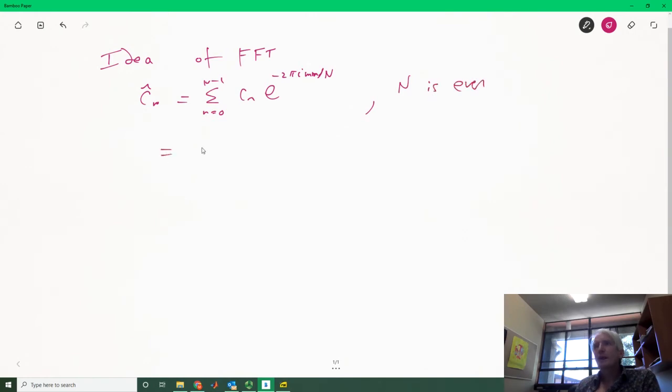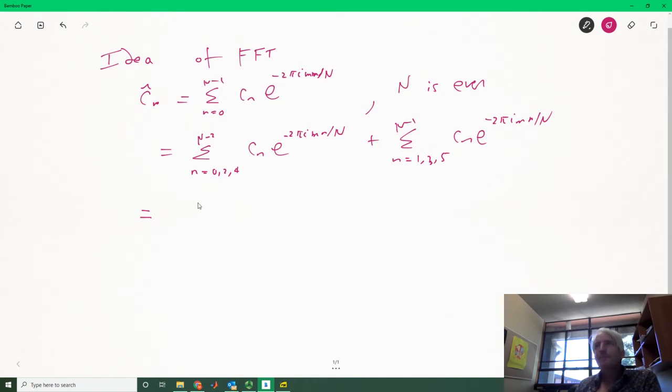So we can write this as the sum from n equals 0 to all the even numbers, up to N minus 2, of c_n e to the minus 2 pi i mn over N, and the sum over the odd numbers, 1, 3, 5, up to N minus 1, of c_n. It doesn't seem like I've got anywhere here, does it? And then we can look at each of these in turn.